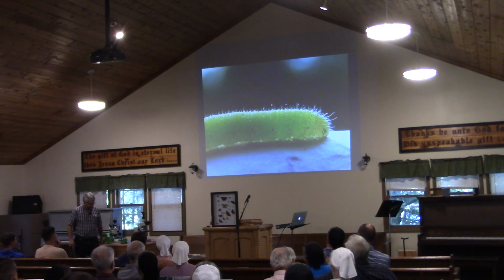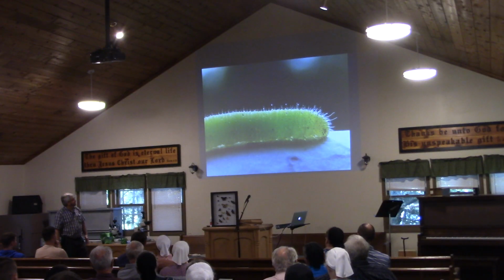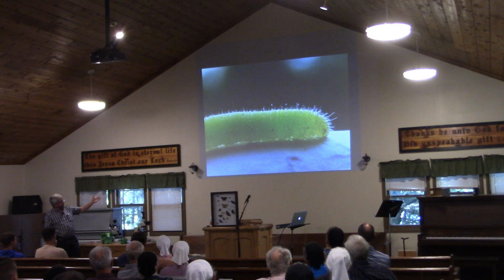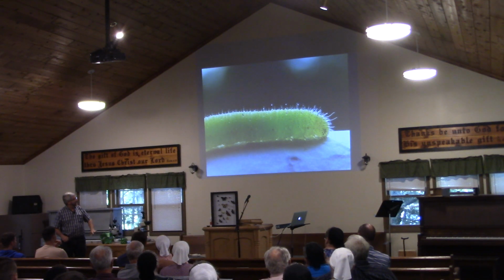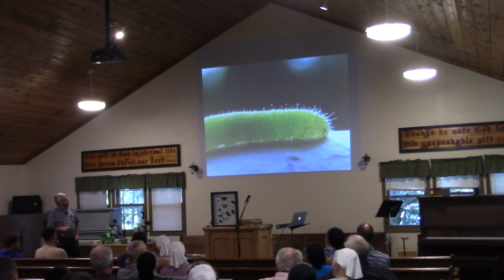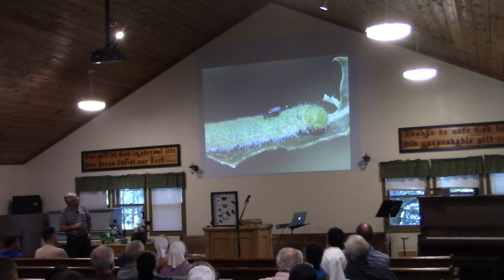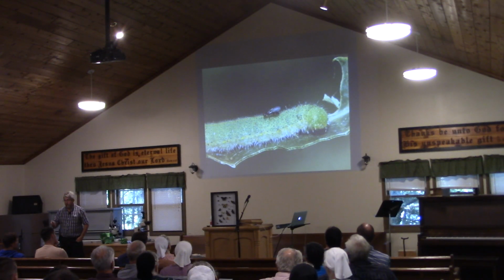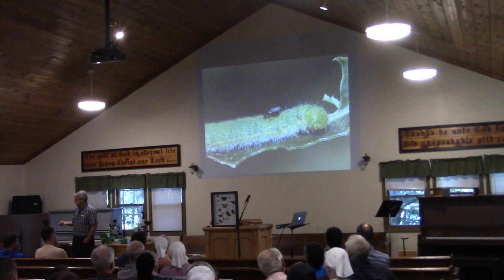Some critters maybe tasted one, or they just take one look at it and they're like, blah. So the cabbage white caterpillar has a way to protect itself, but it has its enemies. Like here's this parasitic wasp laying eggs, and so that caterpillar will not turn into a cabbage white.